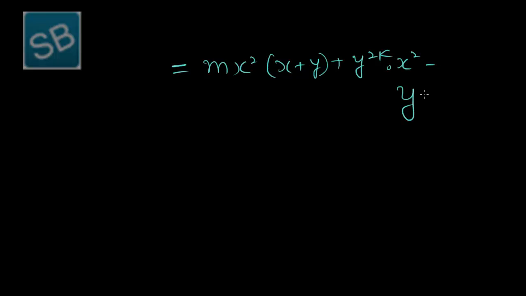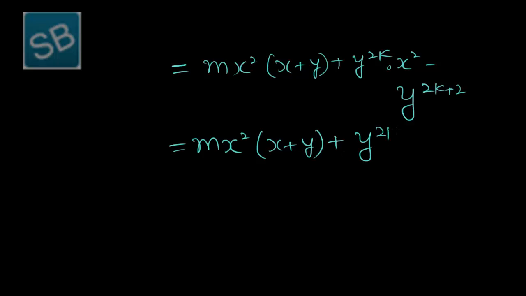That is, we have to multiply: m into x square into x plus y, plus y raised to power 2k into x square, minus y raised to power 2k plus 2. That is m into x square into x plus y, and y raised to power 2k is common out, and we will get x square minus y square.